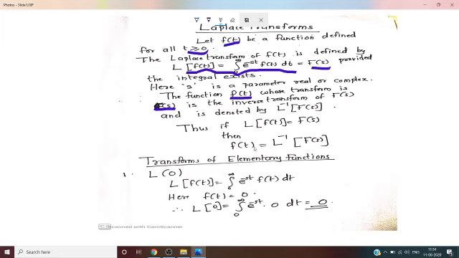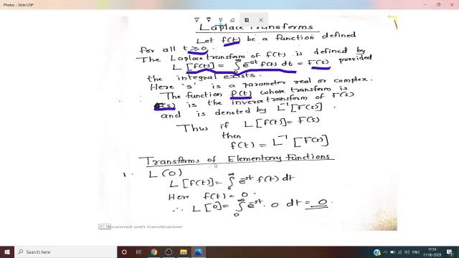L inverse is the inverse transform of F of s and it is small f of t. Laplace transform of small f of t is capital F of s and inverse Laplace transform of F of s equal to small f of t.